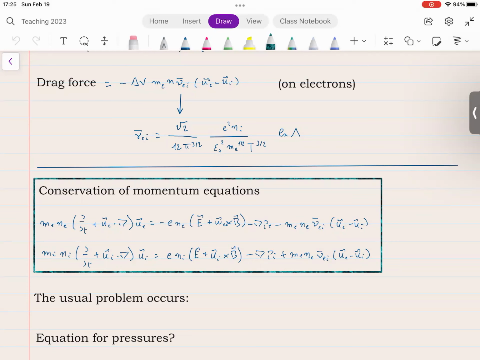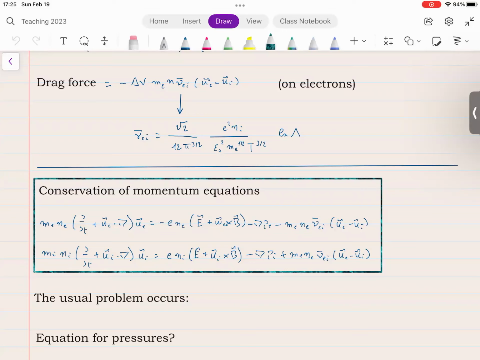All right, then. Here are our two options. We put in a closure, which is not an equation of state. That's going to be particularly important in ICF.